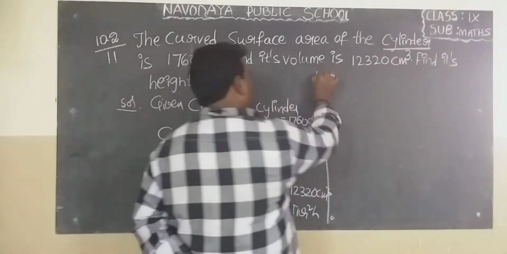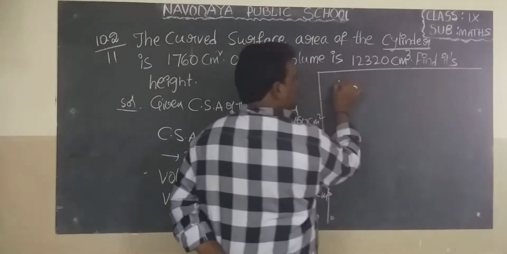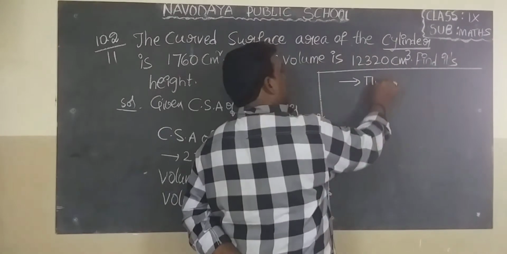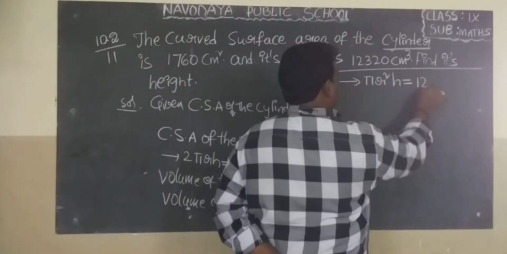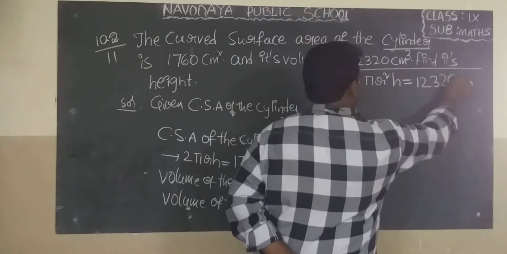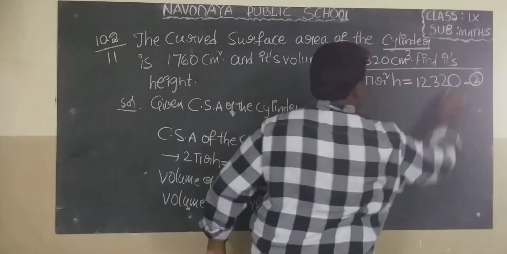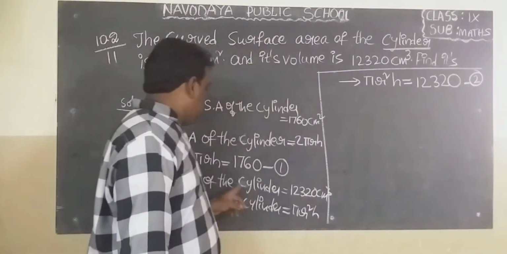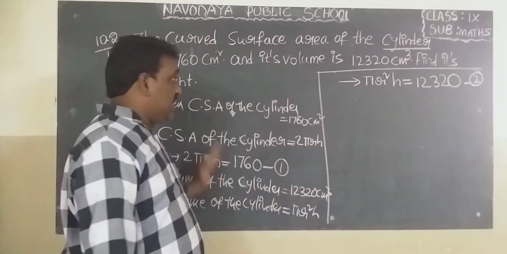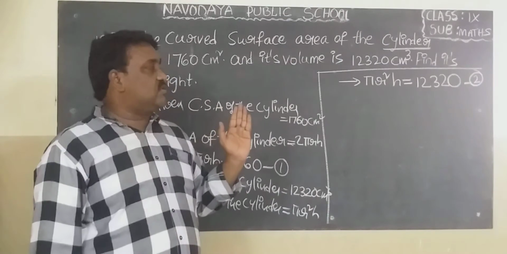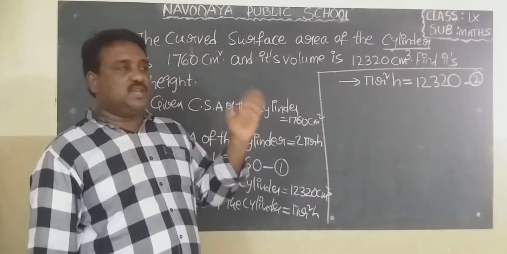So let us equate. This implies pi r square h equals 12320. Equation 2. So what is equation 1? 2 pi r h equals 1760. What is equation 2? Pi r square h equals 12320.